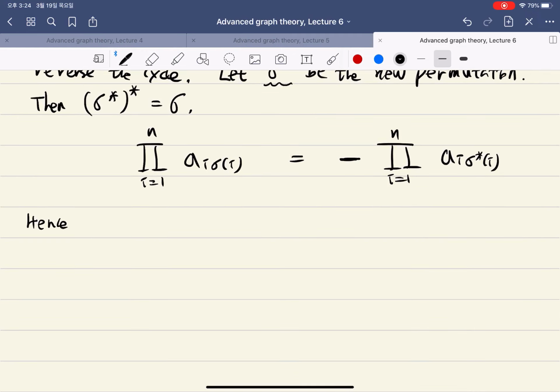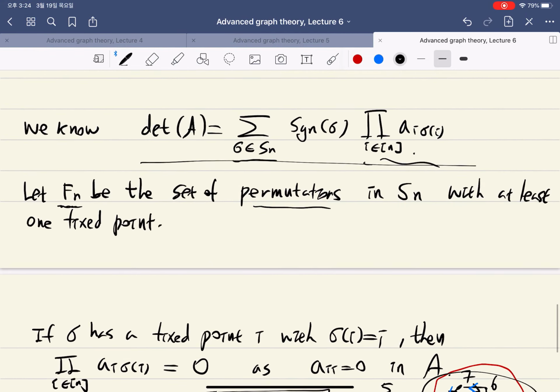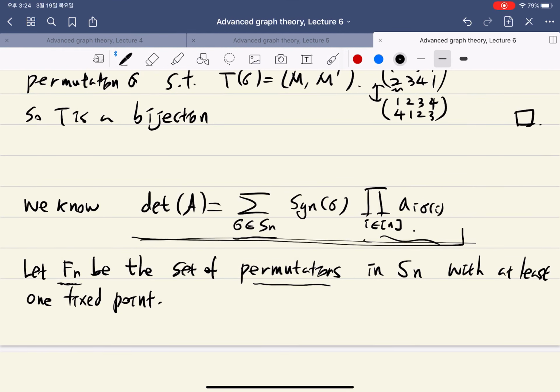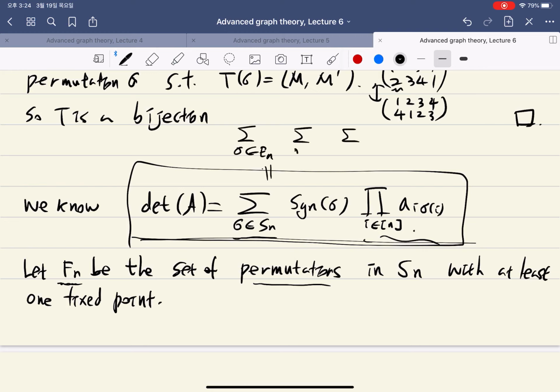Hence, what do we have? We know that when we compute the determinant, this can be divided into 3 sums: sigma in En, sigma in Fn, and sigma in none of those. And we know this part is 0.